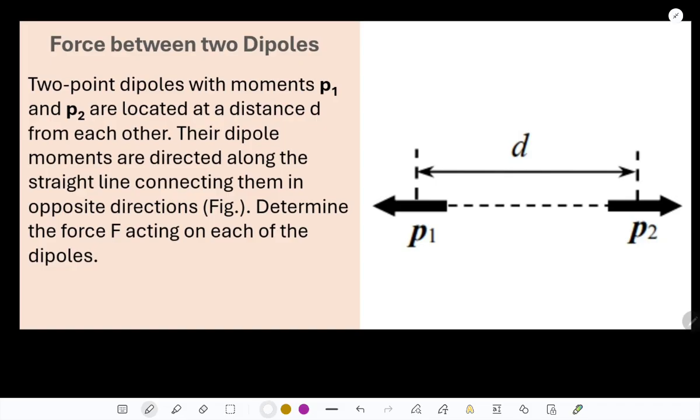So let us direct the x-axis like this, along the line of connection of dipoles, from dipole P1 to P2.